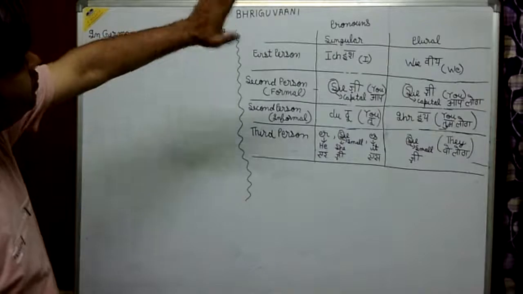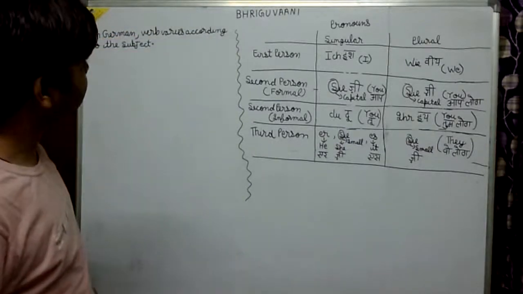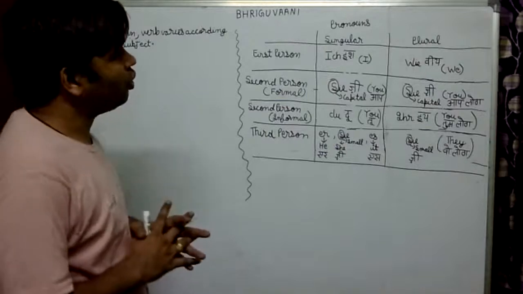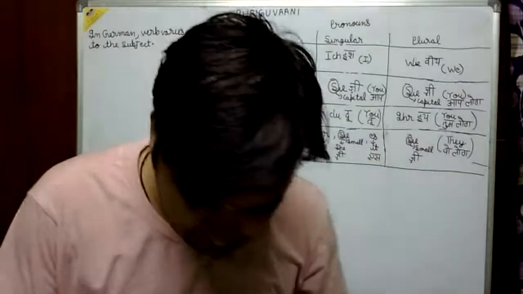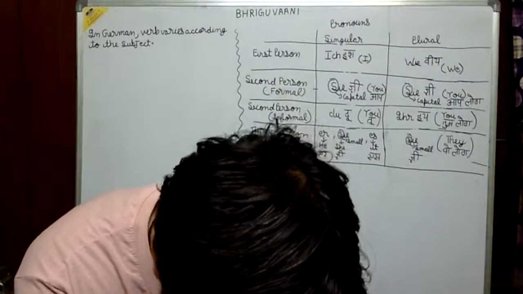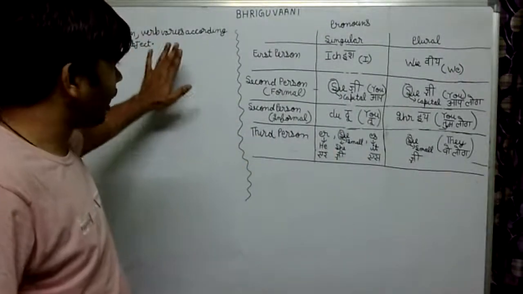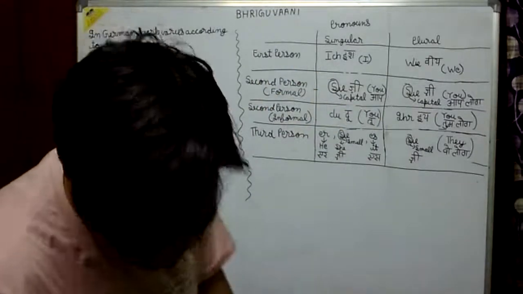Because I need some space. I am thinking, shall I rub it or not? No, I shall not rub it. I'll use this space only. No problem. I may draw some small tables, but this table I will not rub right now.